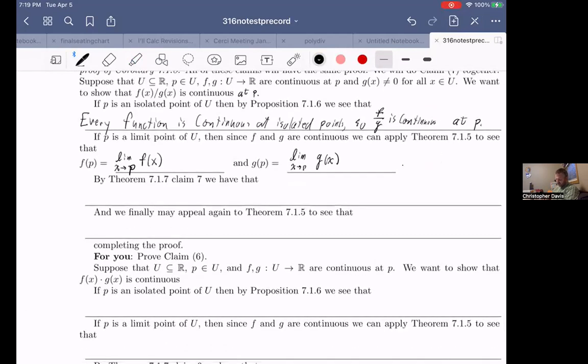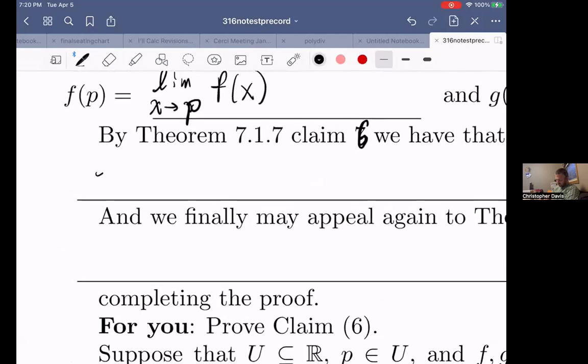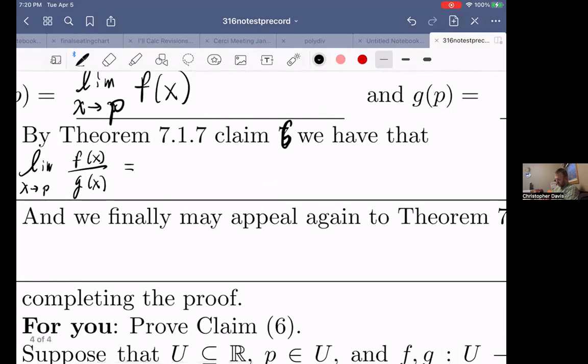So by theorem 7.1.7, claim 6, we conclude that the limit as x converges to p of f of x divided by g of x is equal to the limit of f of x over the limit of g of x. And notice I'm not writing the x goes to p just to save space.